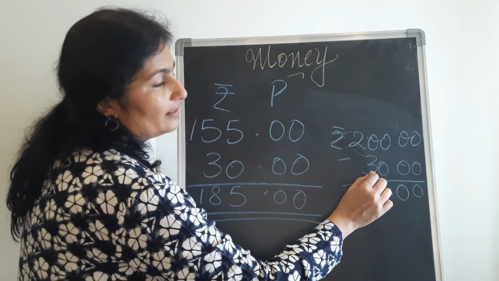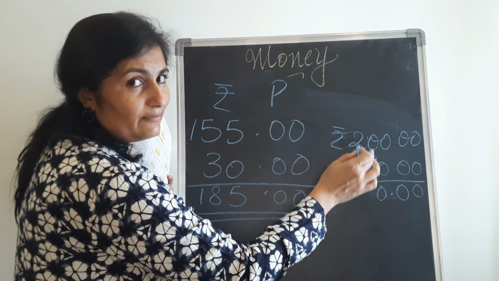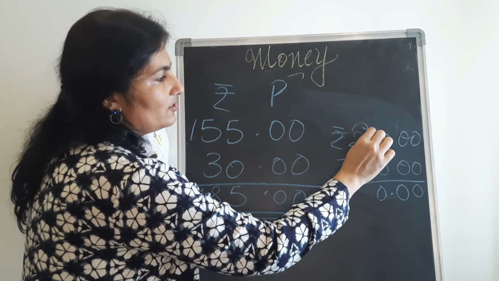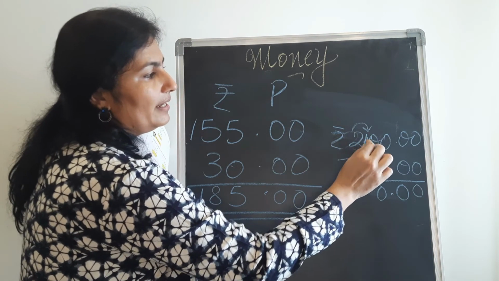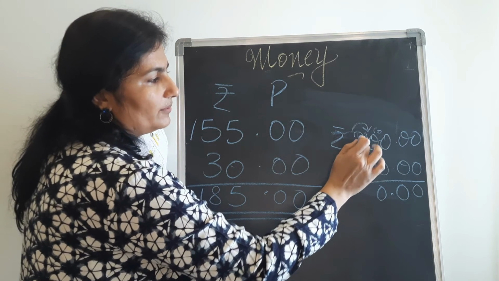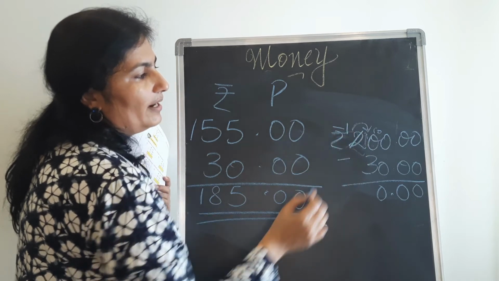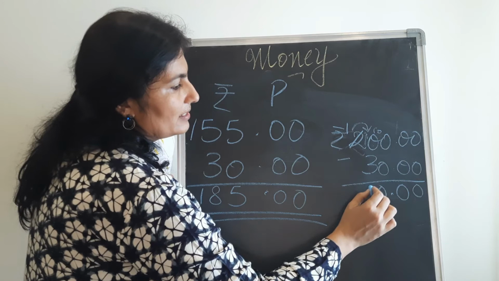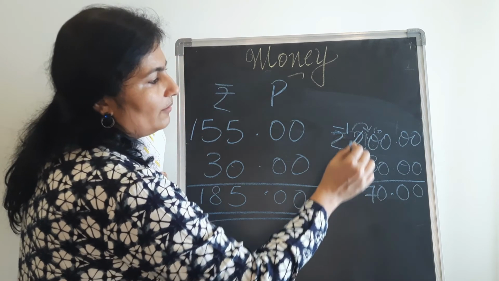So here 0 and 3, we can't minus 3 from 0. So we go to the next room to borrow. So we went to the next room, got money, and this became 10. This became 1. So let's do the subtraction. 10 minus 3 is 7.